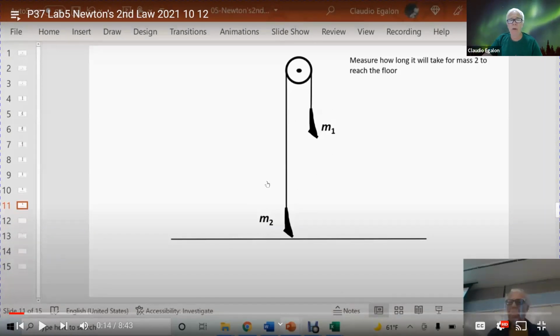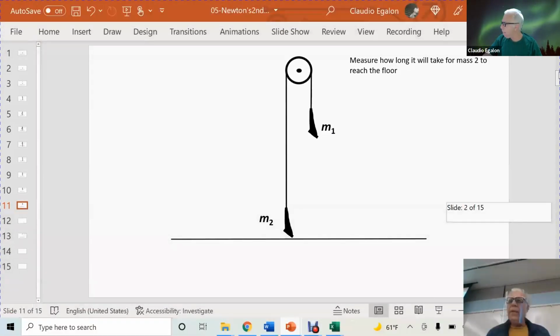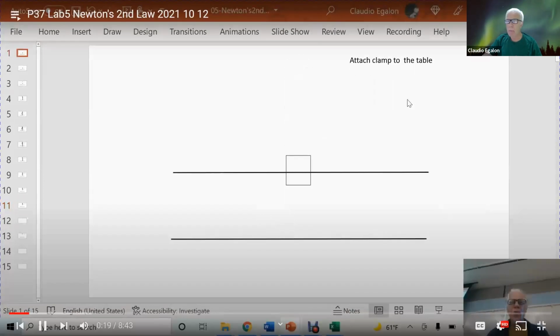M1 is going to go down, M2 is going to go up, right? That's the experiment that I'm talking about. We do this experiment over and over again there at the college. It works very well. And let's go. Second block motion. The way I'm going to do it around you just one.